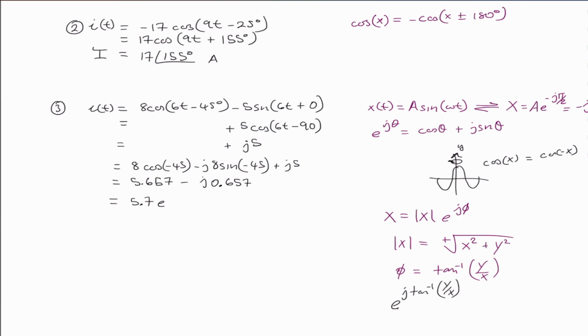That's what I'm going to do. So when we do that, we end up with a negative angle of 6.62 degrees. And as always, we can write that as 5.7 with an angle of negative 6.62. And that's in amperes. Thus, this is the phasor component, or the phasor counterpart of the signal i of t.